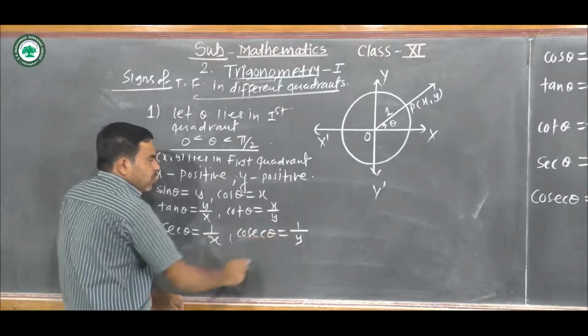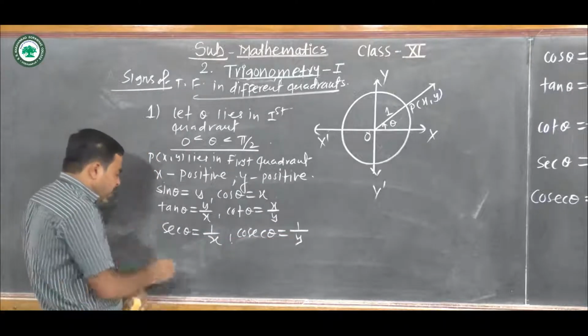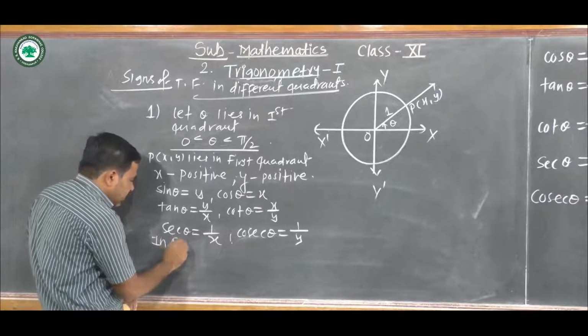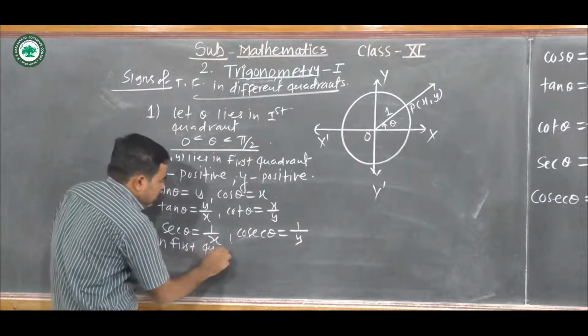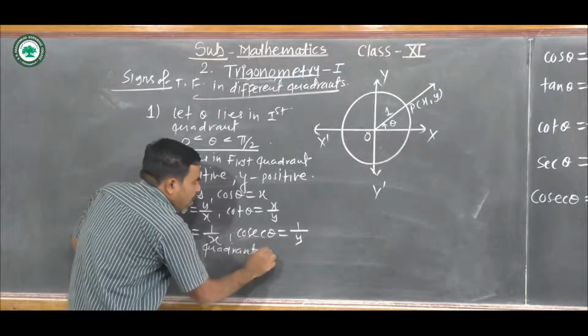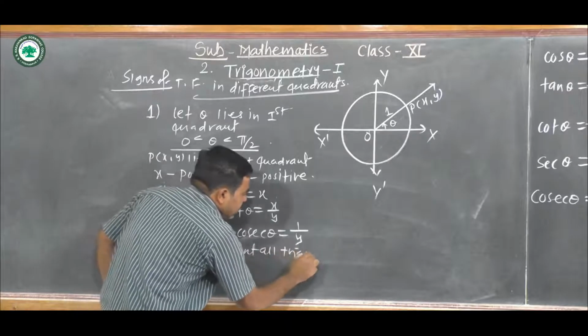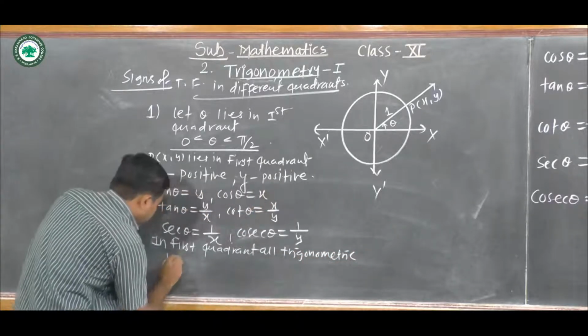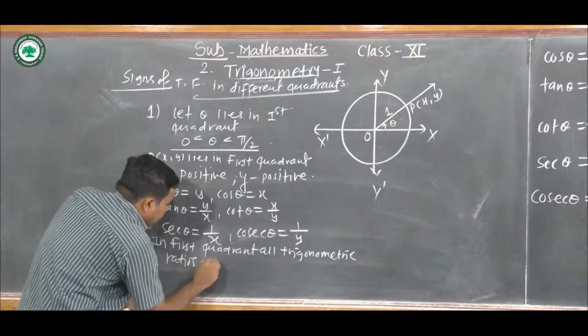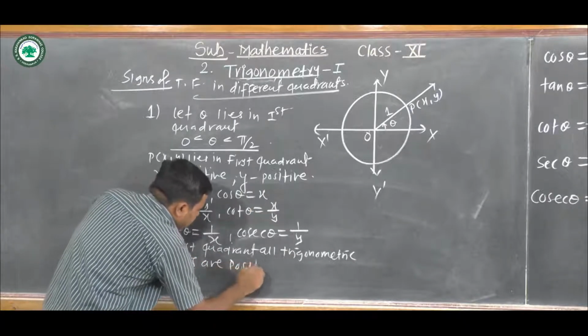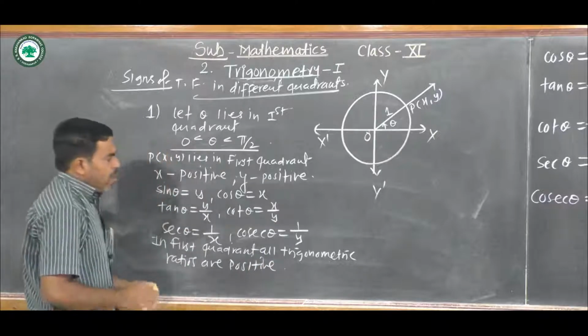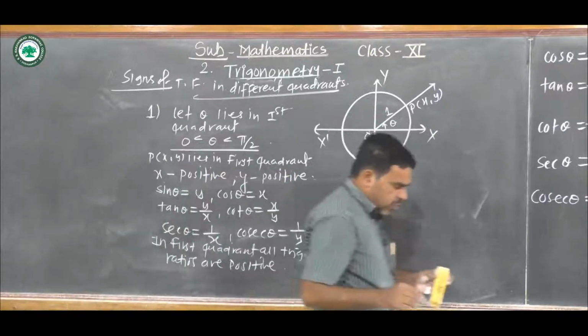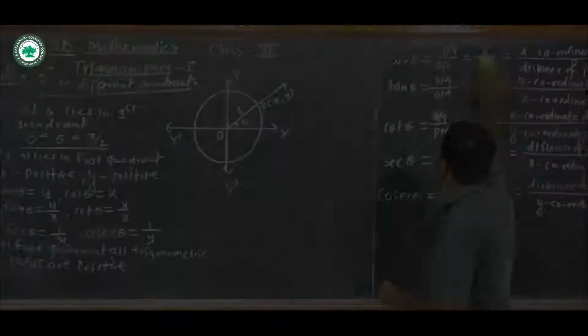Cosec theta is equal to 1 upon y, positive. So in first quadrant, all 6 trigonometric ratios are positive.